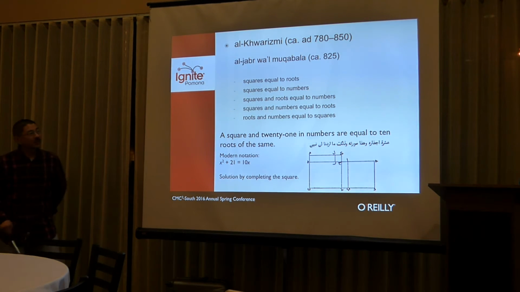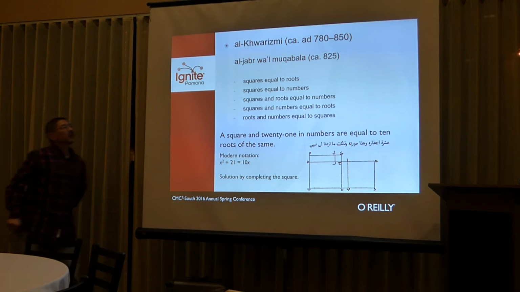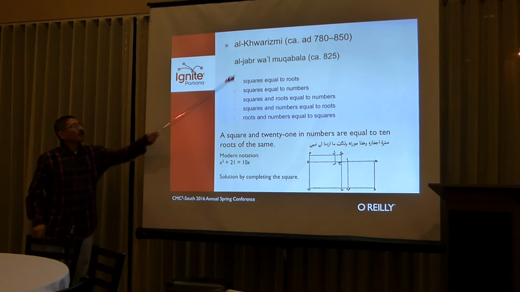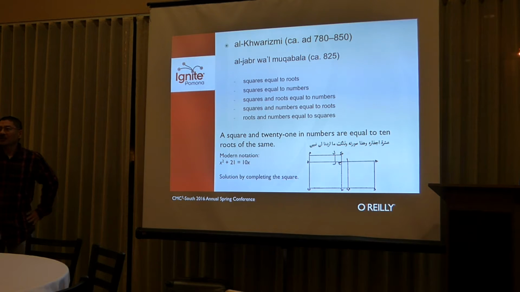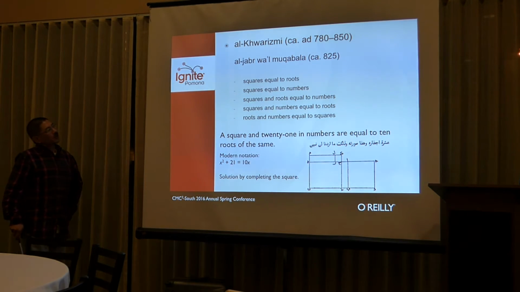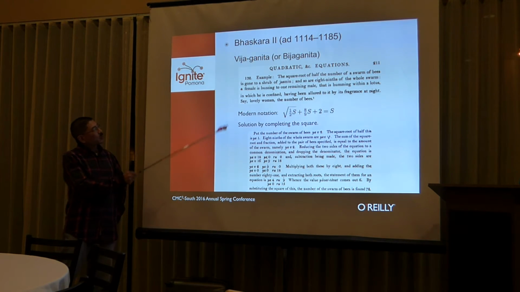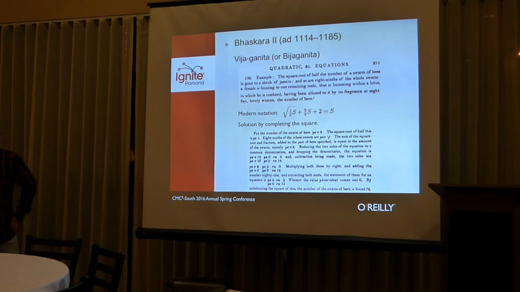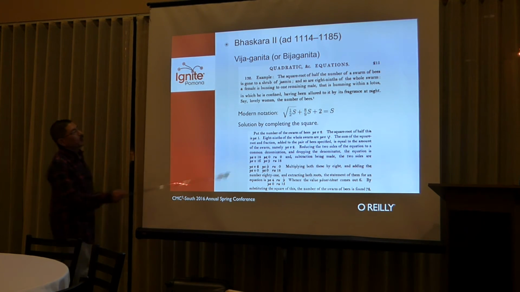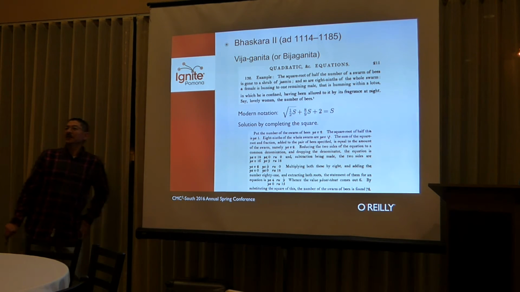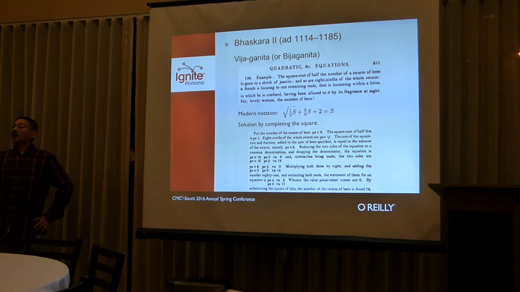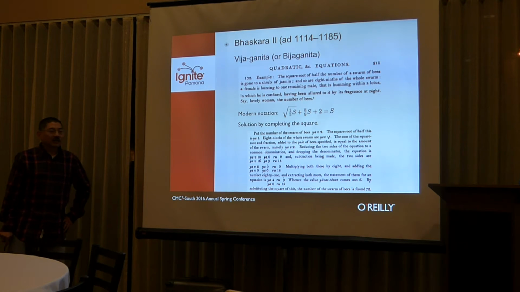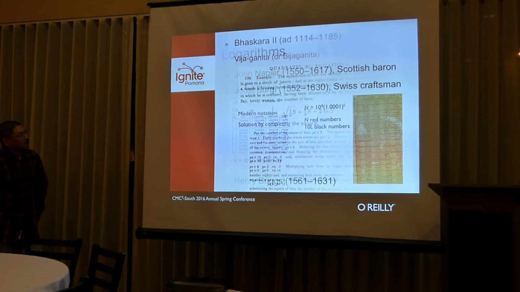And you have to mention his book, Algebra, because in the title we have the word algebra that every one of you knows is how we got the word algebra. And he uses completing the square. I like looking at the Indian mathematics because their problems are always very, very colorful. This one is about bees buzzing around a jasmine. But it's a quadratic problem, and they solve by completing the square as well.